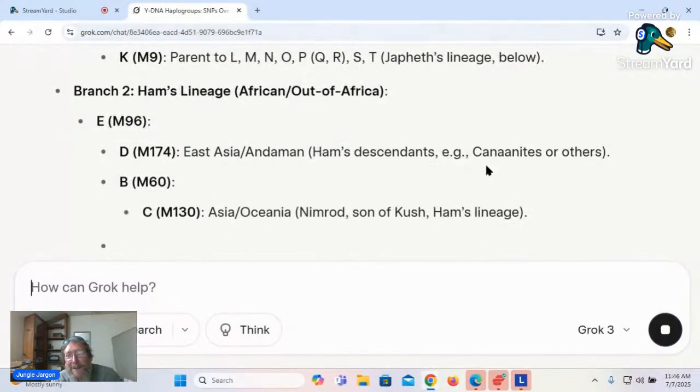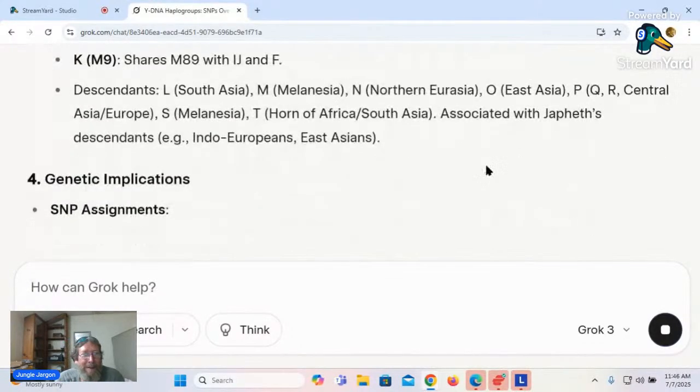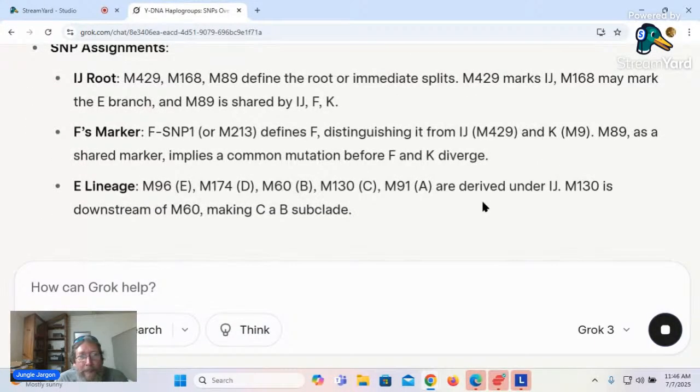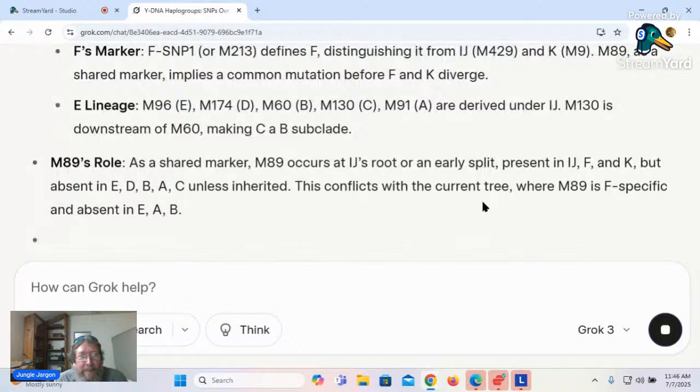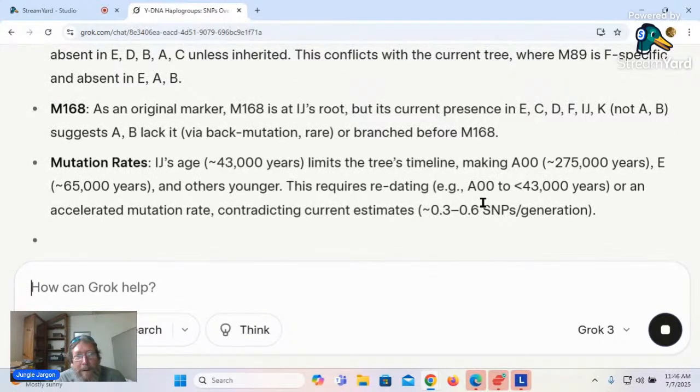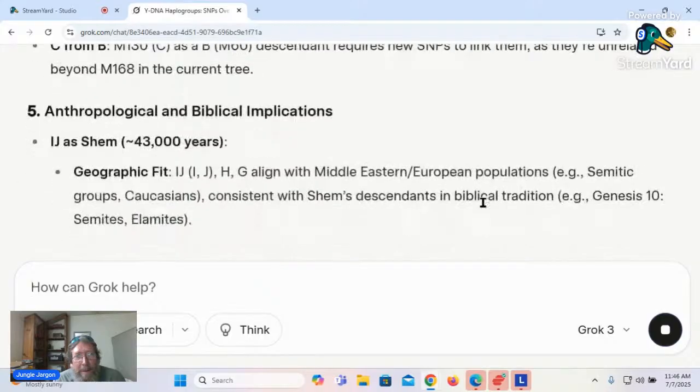He's got Shem's lineage as Eurasian. Well, what's the K lineage? I got to correct him on everything. Original marker, right?